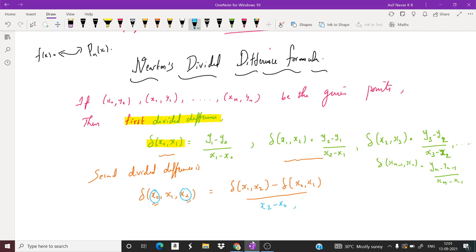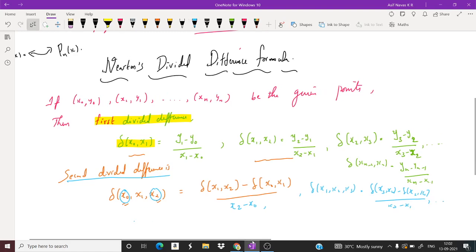Similarly you can write the divided difference of x1 x2 x3. So this is the second divided difference. Similarly, delta x1 x2 x3 is equal to delta x2 x3 minus delta x1 x2 divided by x3 minus x1, and so on.